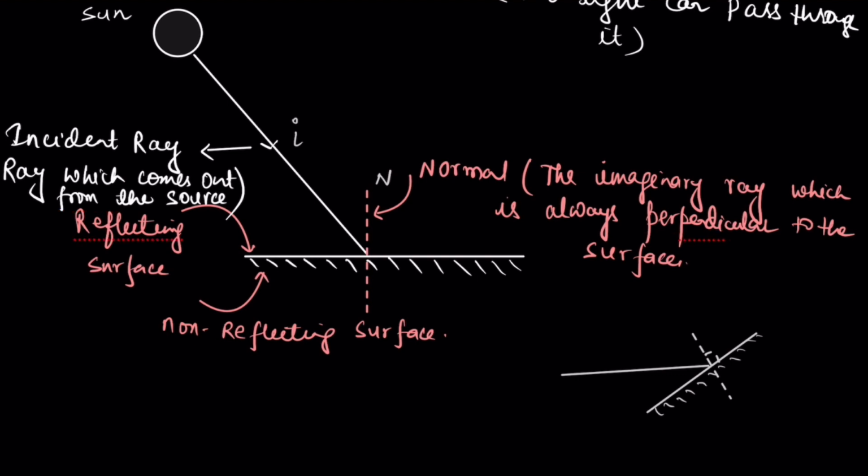Where the incident ray and normal meet, suppose we represent that point as P, this is called the point of incidence.